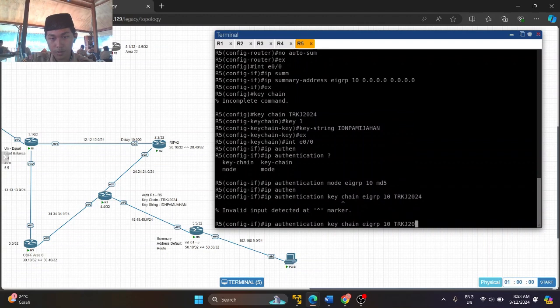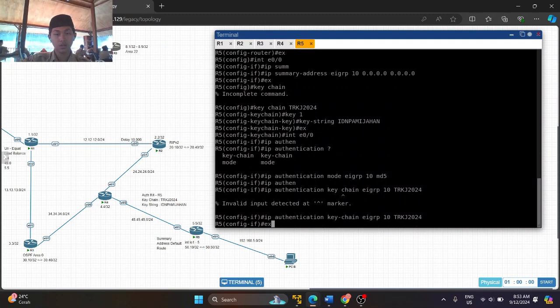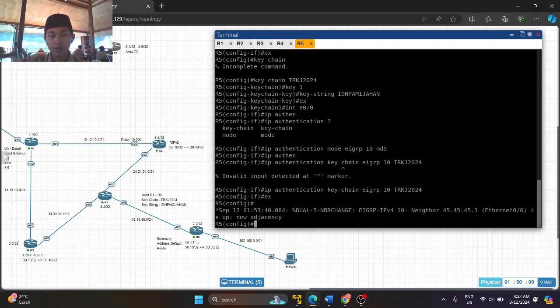Oh, sorry. Exit. Okay, now that we configured, as you can see, we just added adjacency with router 4.